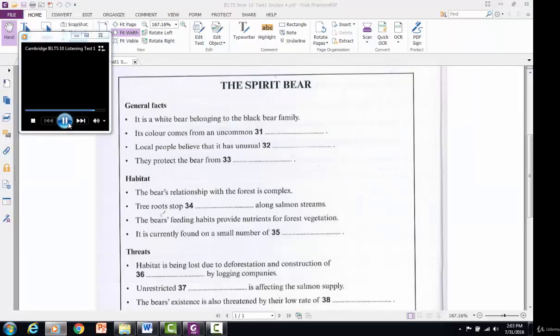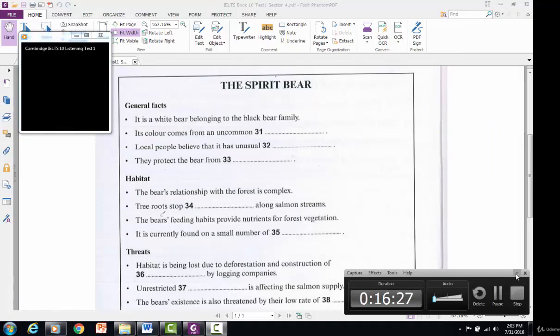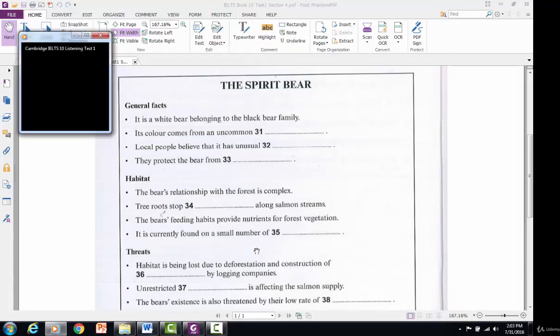In return, the bear's feeding habits nurture the forest. As the bears eat the salmon, they discard the skin and bones in great amounts on the forest floor, which provide vital nutrients. These produce lush vegetation that sustains thousands of other types of life forms, from birds to insects and more.